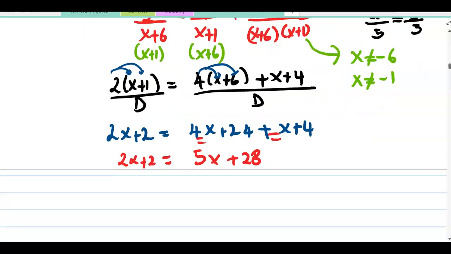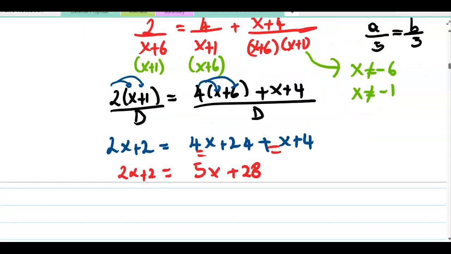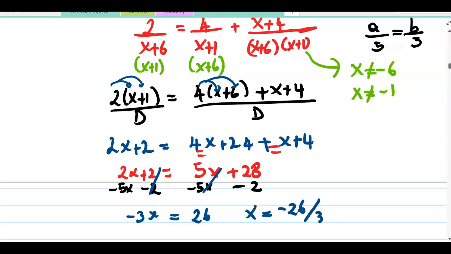And then collect variables on one side, so -2, -2, -5x, -5x, so then we will have -3x here. This will be gone, this will be gone, so that will be equal to 26. x will be equal to -26 over 3.